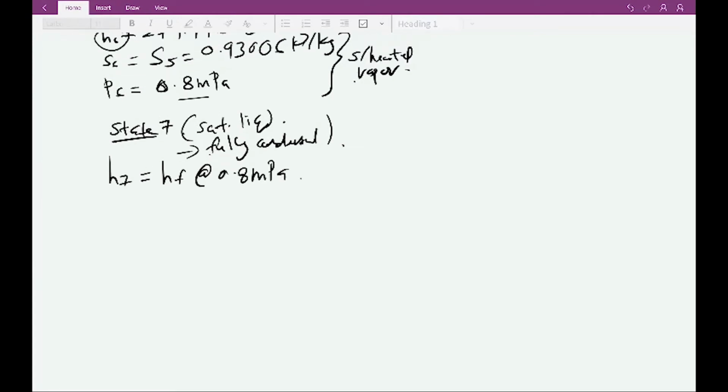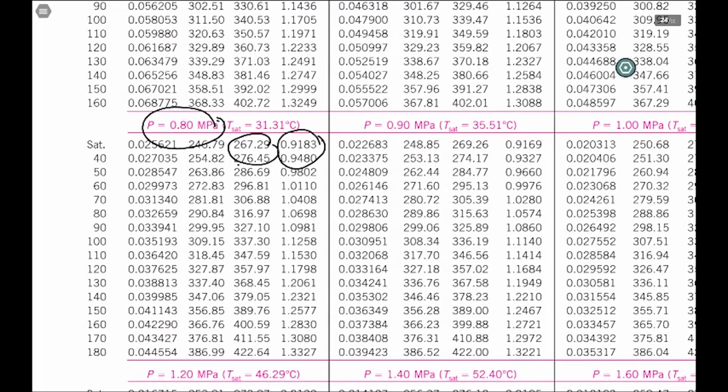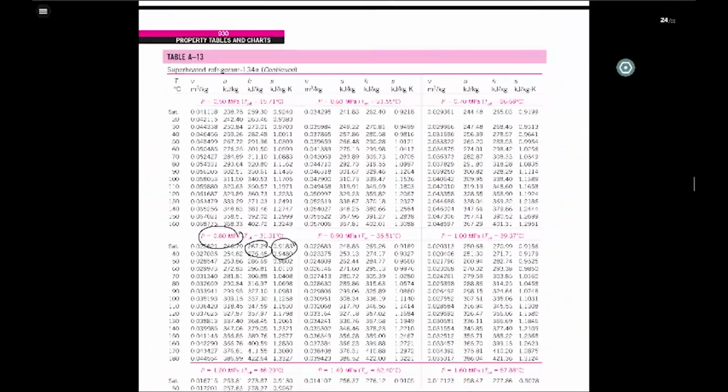Okay, so to find the enthalpy, we go to your property tables.